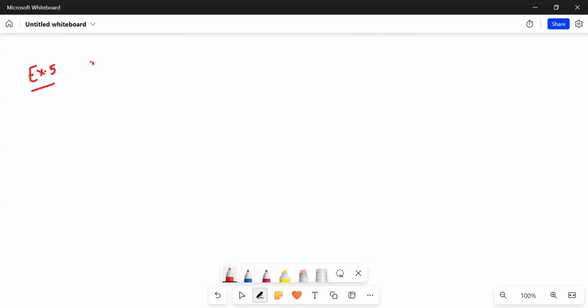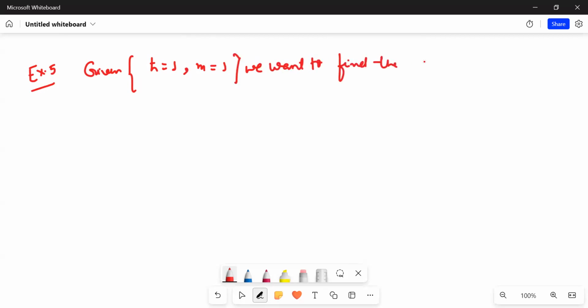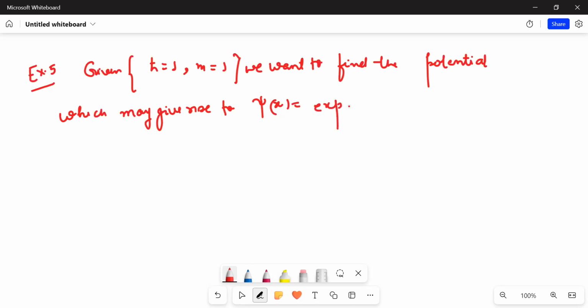So given that h bar is equal to 1 and m also is equal to 1, we want to find the potential which may give rise to a wave function of the form, and I'm not using the normalization constant here, exponential minus of x square upon 2 cos hyperbolic root over 2 x.